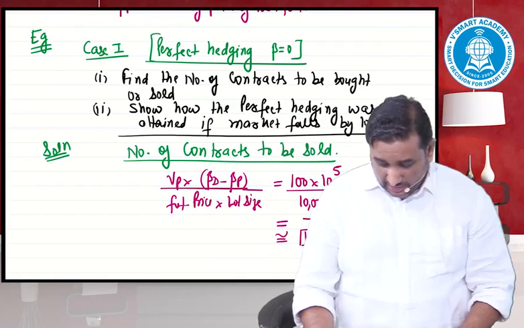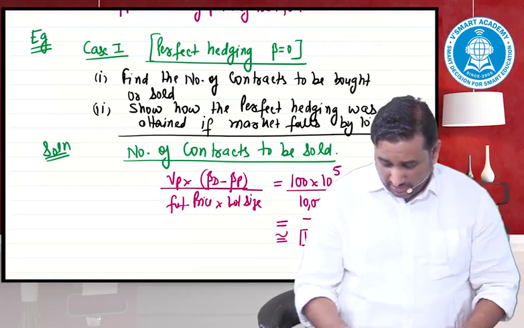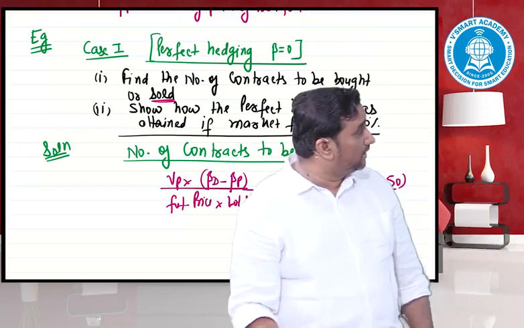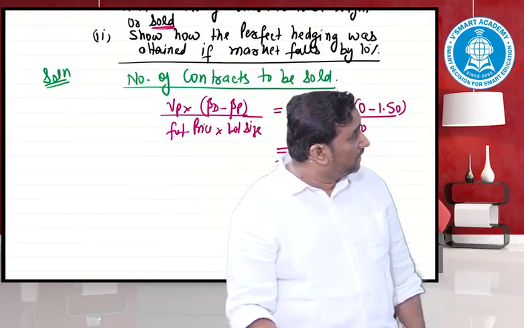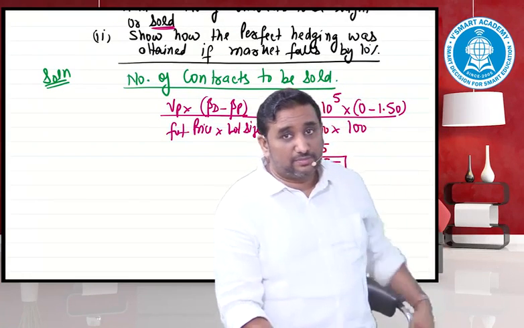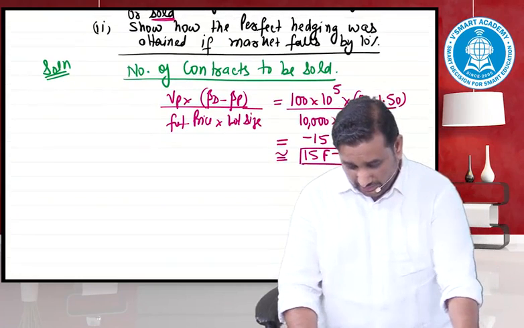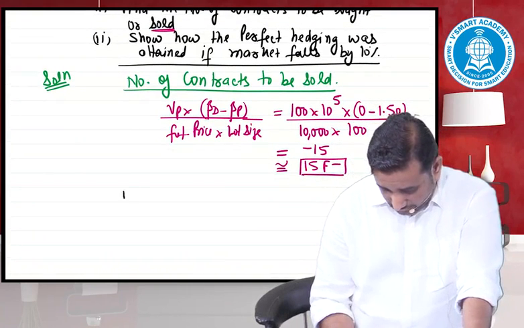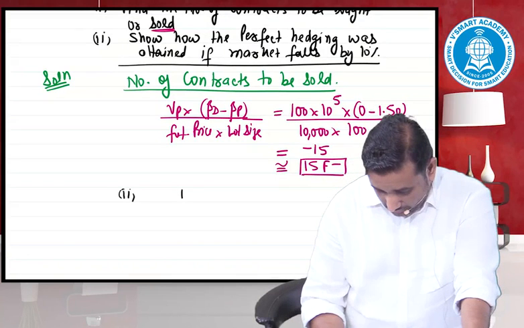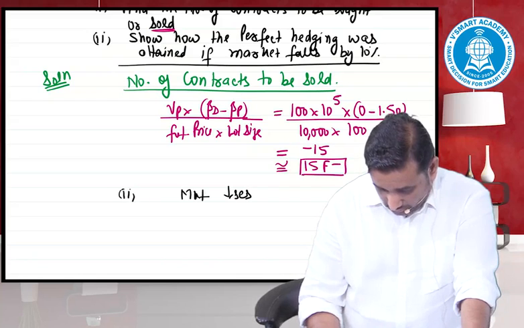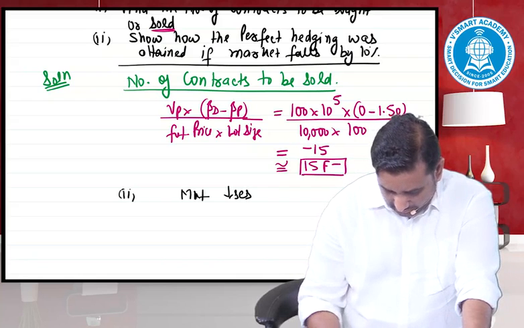Now the second part. First part was how many contracts to be bought or sold. We have calculated the number of contracts to be sold. Let's put down the second part answer. Market declines by what percentage? 10 percent.